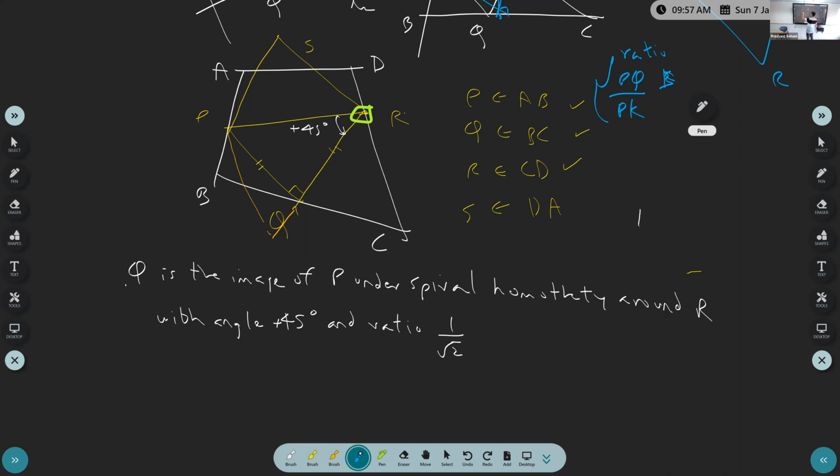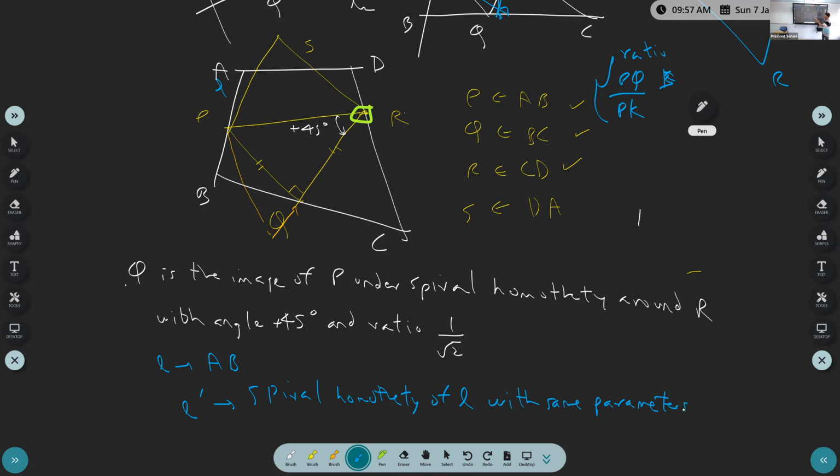So therefore, if L is my original line, so L is the line AB, and L dash is the transformation of the same spiral homothety with the same parameters.